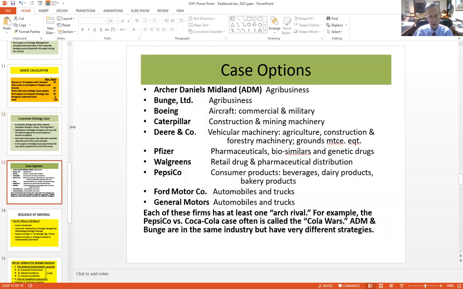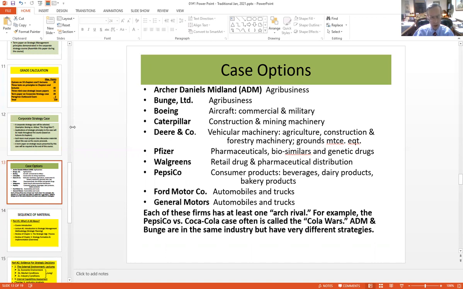Here are some of the cases that I've worked on with students over the years, just so that you can appreciate what I was saying earlier. There never has been one that's been boring. They're all great. I chose Deere simply because it's close to the local economy, the local markets.